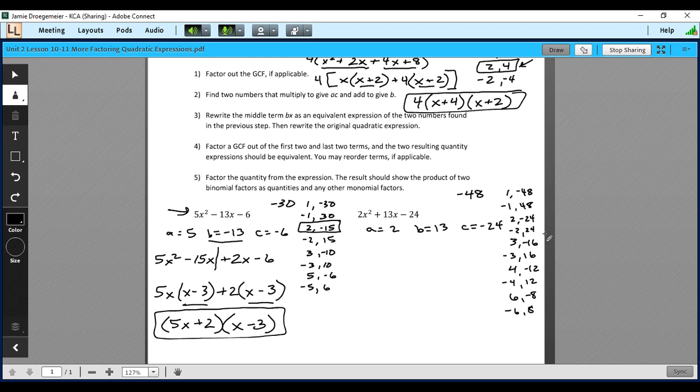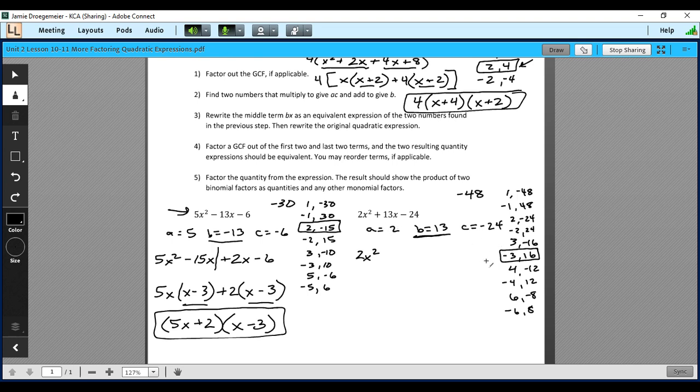So those are all my possible factors. I'm looking for the pair that will add up to positive 13. And if you look right here, negative 3 plus 16 would give me a positive 13. So I'm going to use those two to rewrite that middle term.